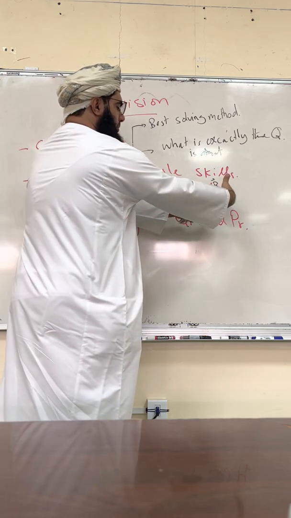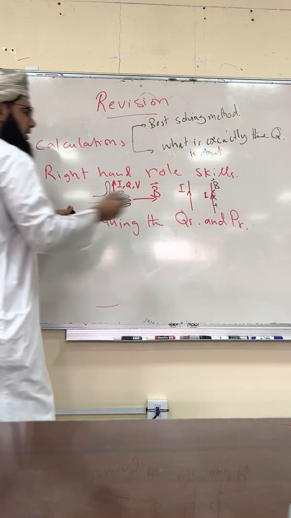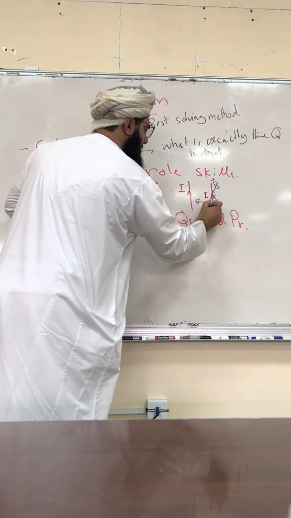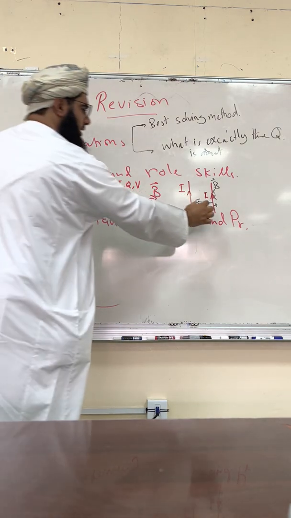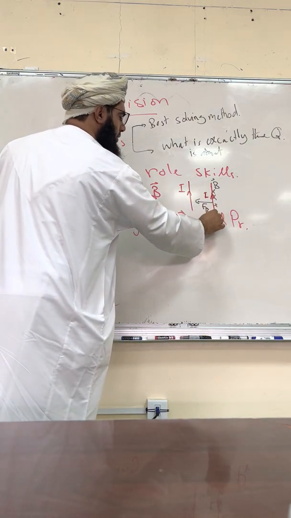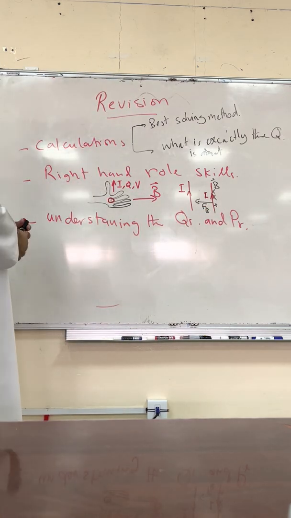Then I can see the palm. The palm is pointing this direction now. So this is the force direction in this case. Now I have this force on this wire, moving this wire to the left here, and we call it the magnetic force.